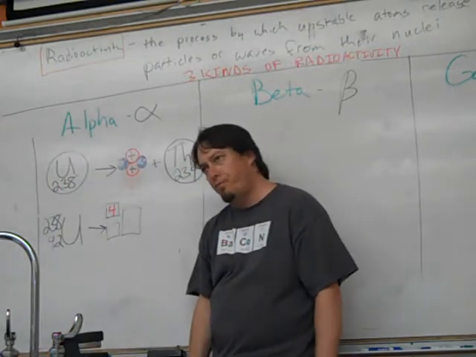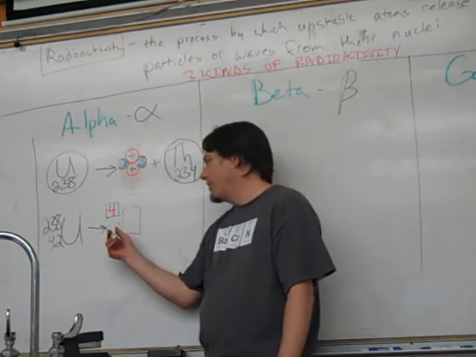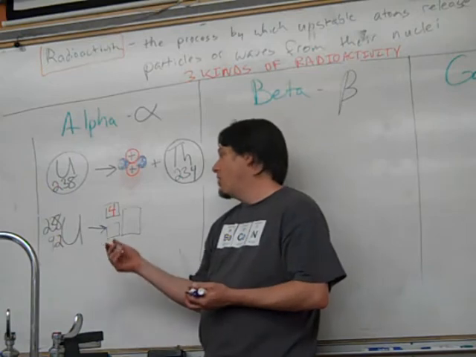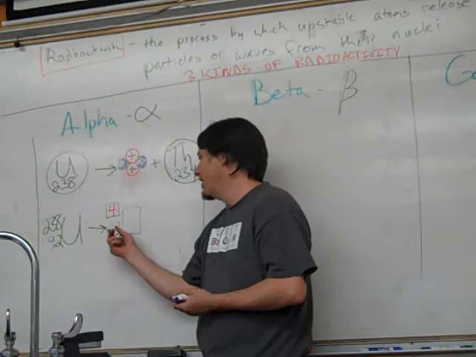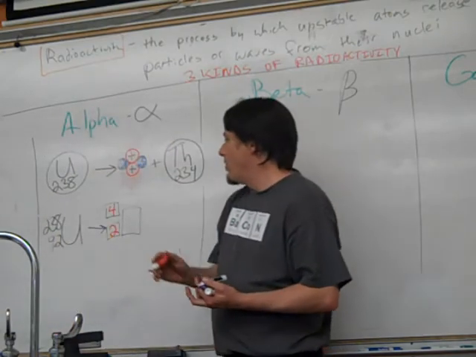Now, what goes here is normally the atomic number, which is the same as the number of protons. And so, what would I put here? Dos, says Erica. Erica is correct. It would be a 2. That's right. 4 and 2.